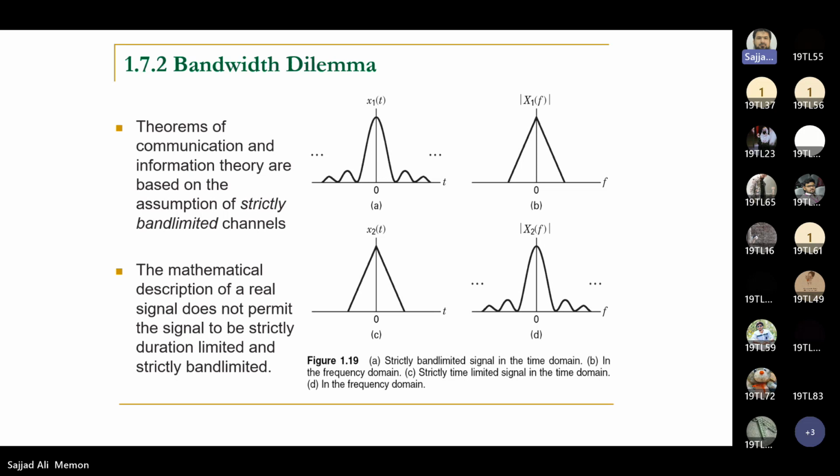Now, what is the problem in calculating the bandwidth of digital signals? Theorems of communication and information theory are based on the assumption of strictly band limited channels, and the mathematical description of a real signal does not permit the signal to be strictly duration limited and strictly band limited.